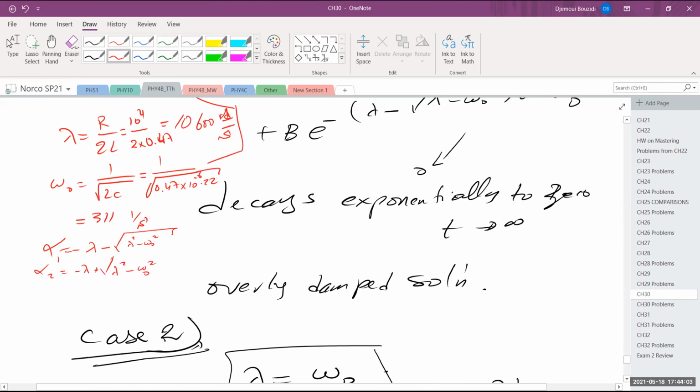So I need to take negative lambda, which is this number, plus the square root of, open parentheses, this number squared, which is lambda squared, minus omega naught squared.